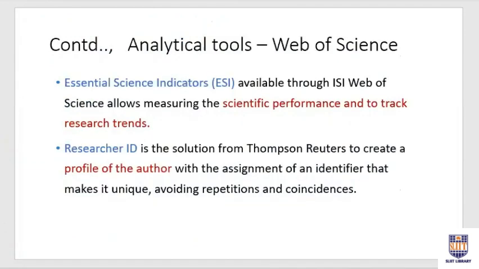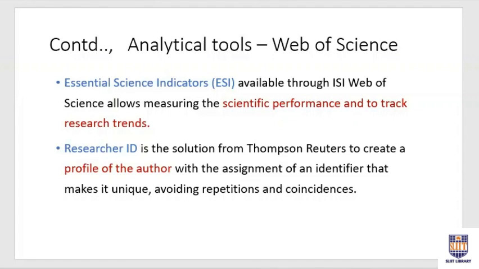And the other one is Essential Science Indicators, for scientific performance and to track the research trends of a particular area of study. And ResearcherID is the other one, maintained by Thomson Reuters. Very, very important. It's some kind of jewel for you to wear as an academic. If you add this ResearcherID to your profile, everybody knows that you are a reputed academic. You have published very well, right?